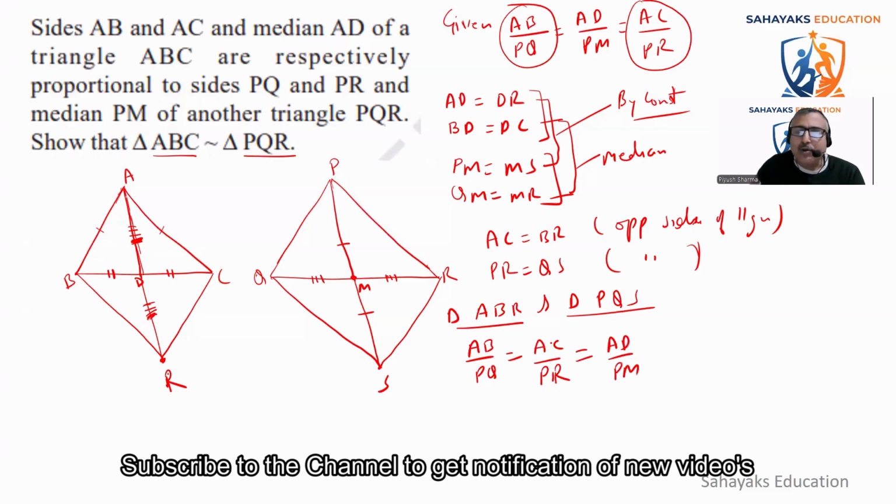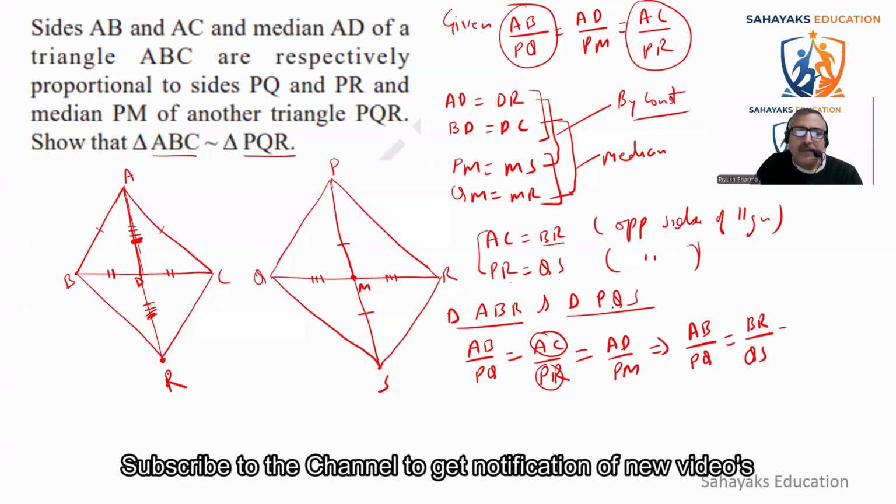Now can I replace AC with BR and PR with QS? So this implies that AB by PQ is equal to BR by QS. I put the value here, that AC is equal to BR and PR is equal to QS, because these are the opposite sides of the parallelogram.